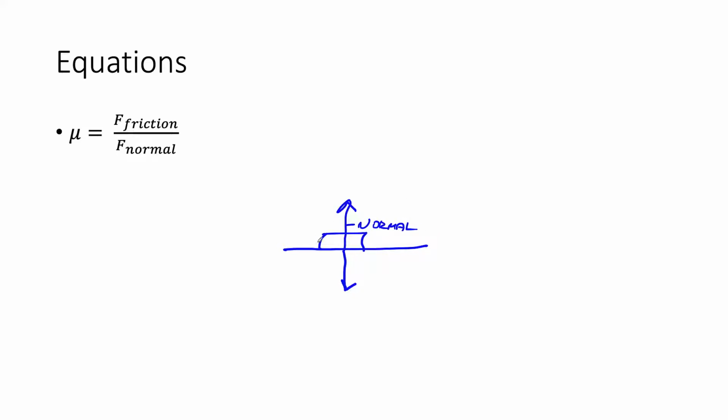The force of friction divided by this gives us the coefficient of friction. This is basically how much interaction there is between the surface and the object when something is being pushed. More friction, harder it is to push. Less friction, easier to push. Hopefully that will make sense.